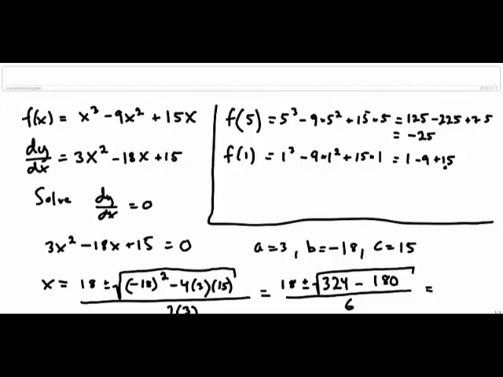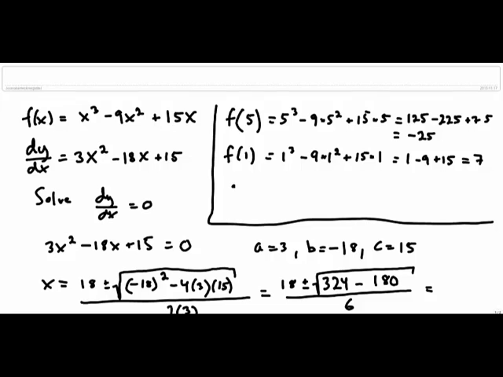Okay, so 1 plus 15 is 16, minus 9 is 7. So this is the y coordinate and this is the x coordinate.